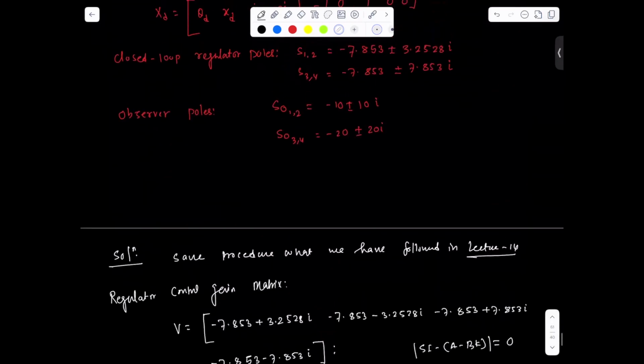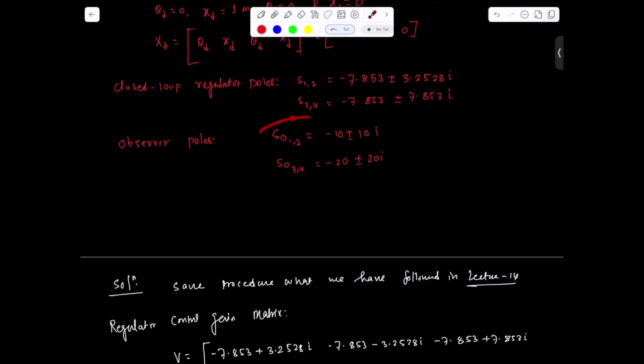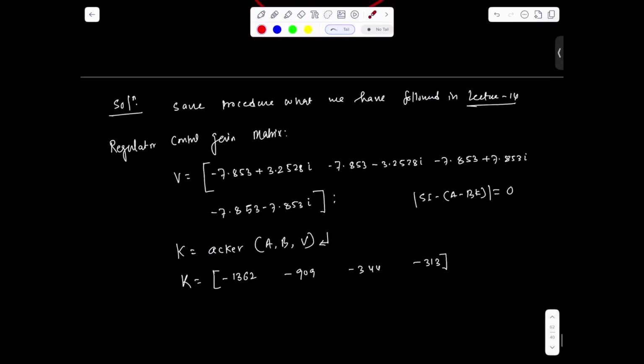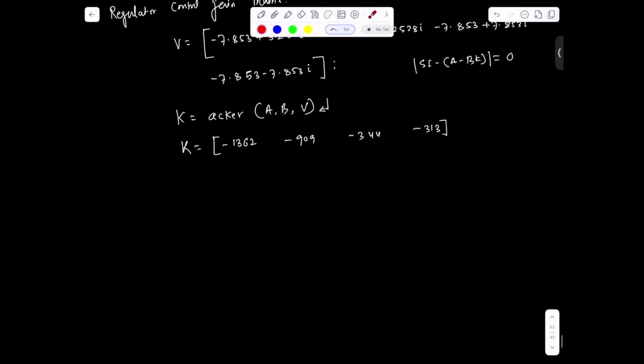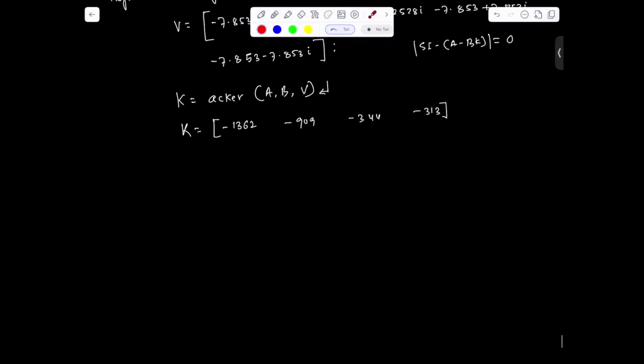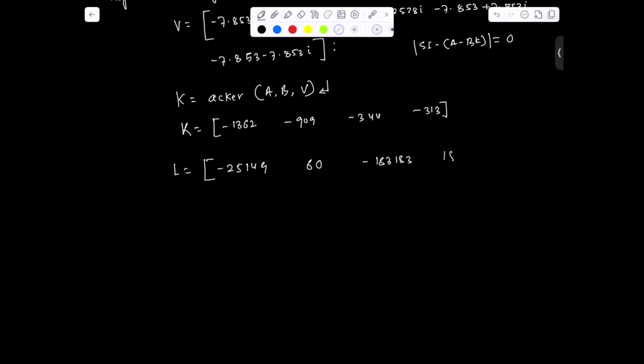If you notice here, the observer poles are the same as those considered in lecture 14, right? So here also we can form the observer gain matrix L, equal to minus 25149, 60, minus 183, and 1810.